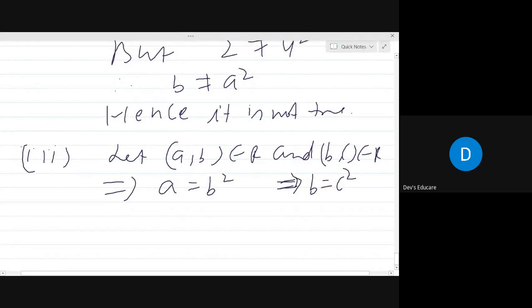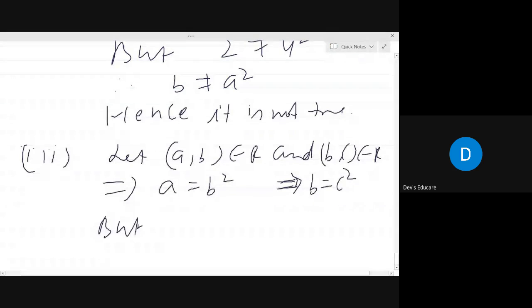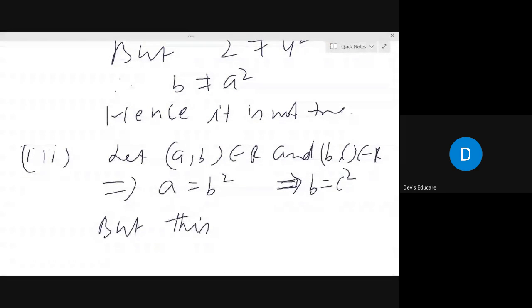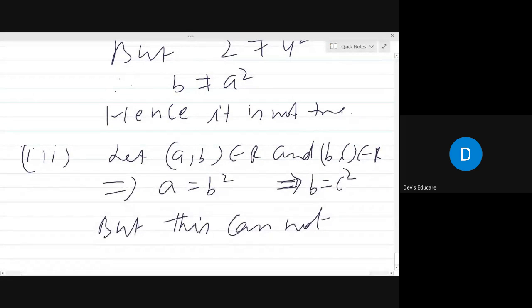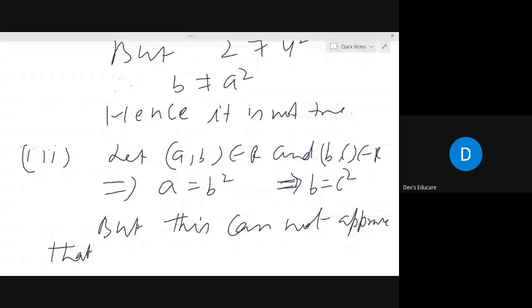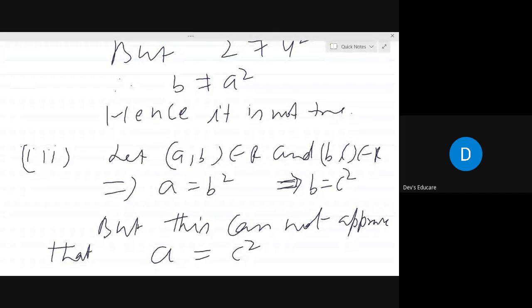But that doesn't mean we can prove that a will be equal to c squared.